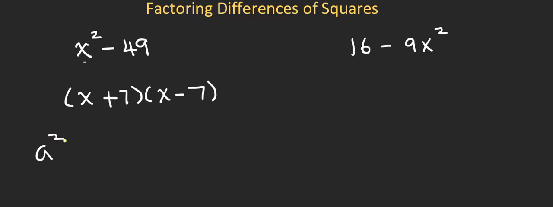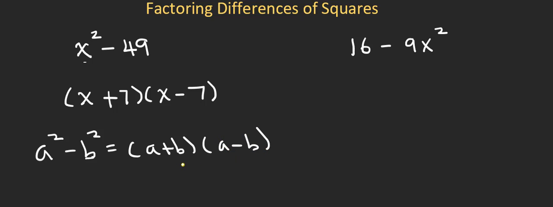Remember, a squared minus b squared is a plus b times a minus b. The order doesn't matter. You could also say quantity a minus b times quantity a plus b. So x squared minus 49 is differences of square, and the factors are x plus 7, x minus 7.